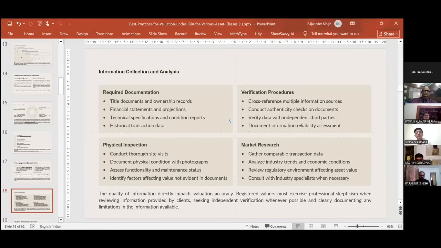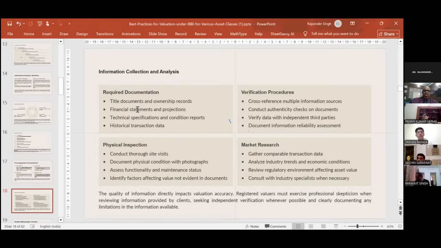information collection and analysis. So first of all, you collect all the required documentation. In case of land and building valuation, you should collect the title deed and ownership records of the assets.